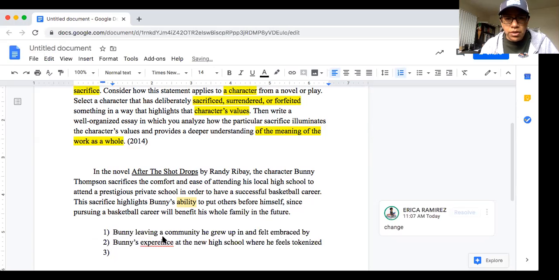And then my third one is, I think it's near the end. Yes. So he actually puts his life on the line for his friend. So Bunny puts his life on the line for his best friend.